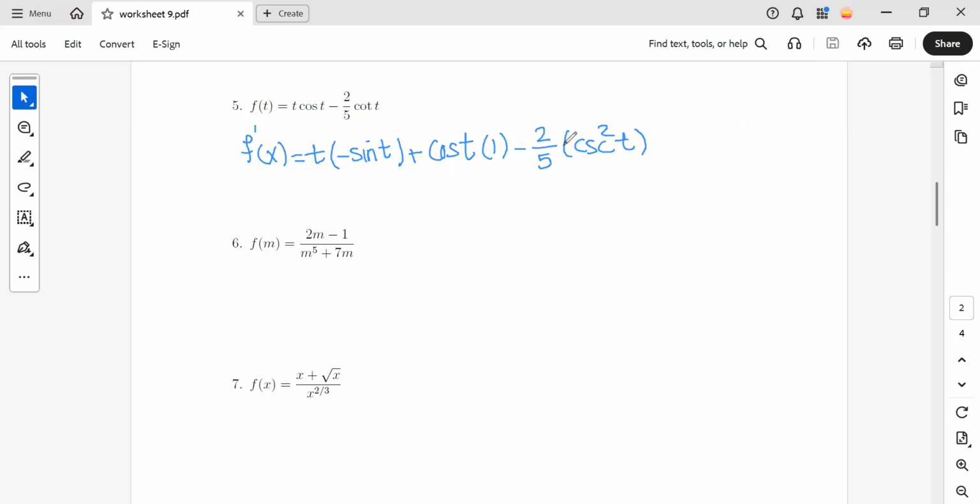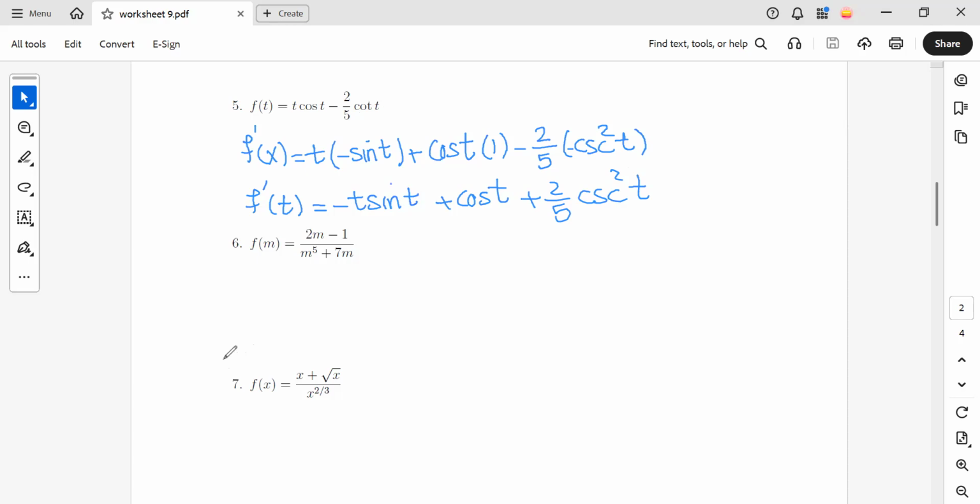We have negative here. Oh, here it has negative. So we can combine these and write it as negative t sine of t plus cosine of t and then plus 2 over 5 cosecant squared, because the derivative of cotan is negative cosecant squared and we have a negative here.